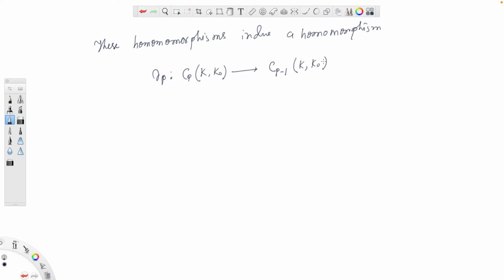Explicitly, sigma I plus Cp of K0, which represents an element here, goes under this homomorphism to del P sigma I plus Cp minus 1 of K0.